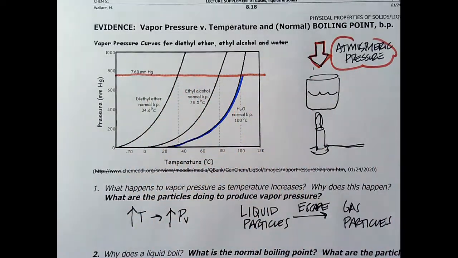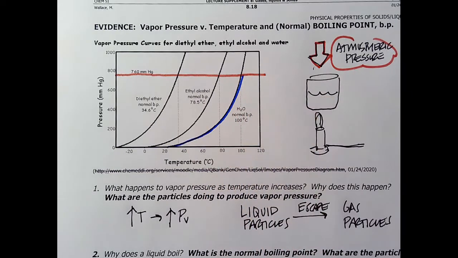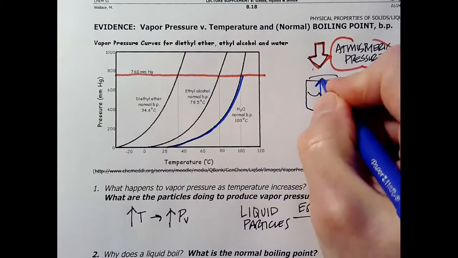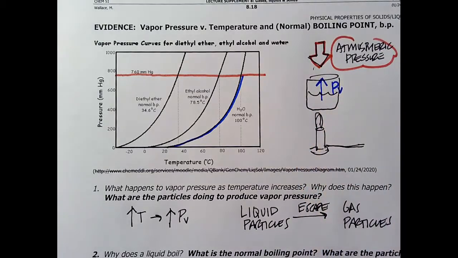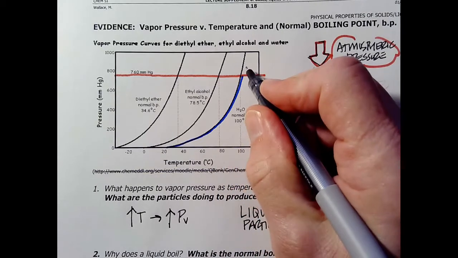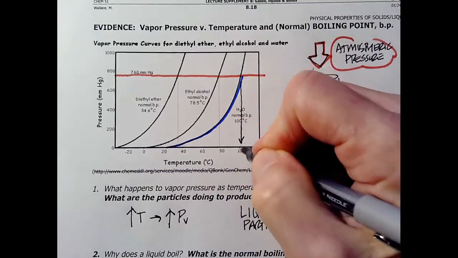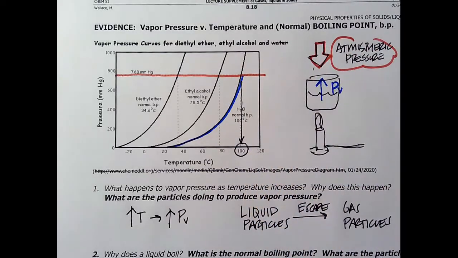I'm just drawing a line that says, gosh, right there when the vapor pressure of water hits the atmospheric pressure, what it sort of means is the vapor pressure, PV, is equal to atmospheric pressure. Well, let's see what the temperature is when that happens. I say, okay, well, pressure goes up, goes up, goes up, hits atmospheric pressure. Let's come down here and see what we've got. 100 degrees.